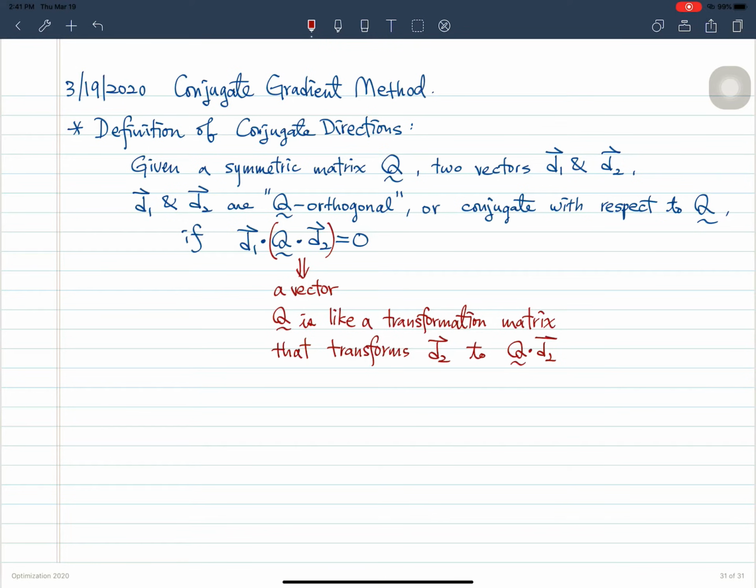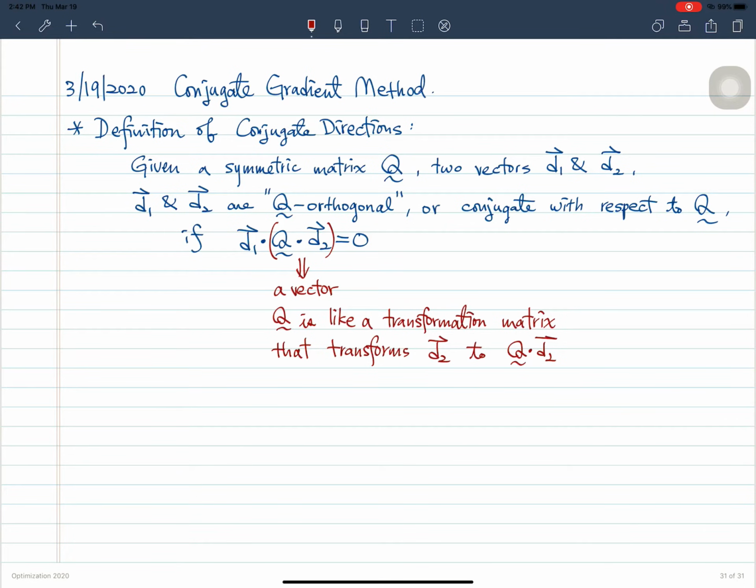Conjugate gradient uses this technique to rotate its gradient direction and make sure there is some property between the previous searching direction and the new searching direction, and we will make sure the new direction is facing the solution. I will explain why and how this can be done.